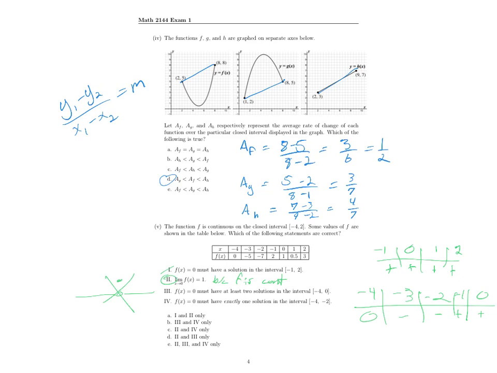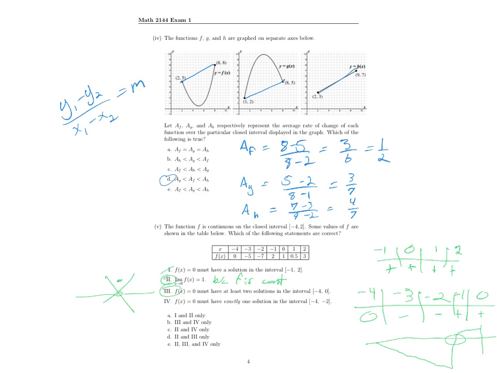So what that means for us is that we have to have some function that looks something like this. It would touch right here at -4, go down, down, and then up here it jumps up, and it's positive up there. So notice that we have to cross the x-axis, so we do have at least 2 solutions to this. So 3 is true as well.